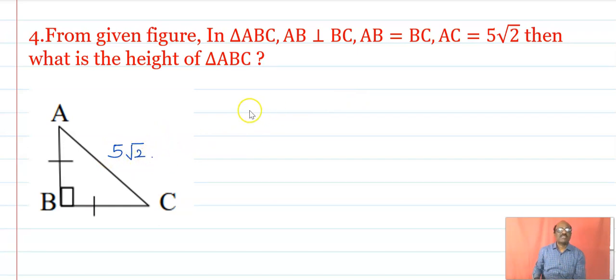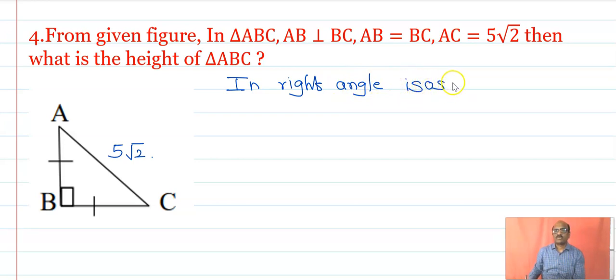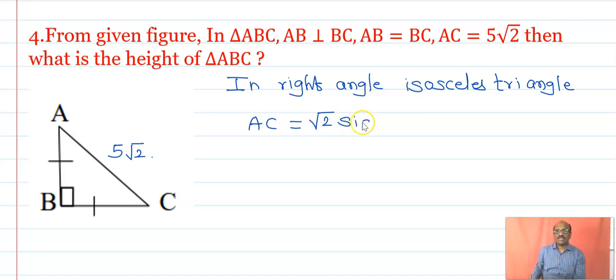As I told you just now, in the right angle isosceles triangle, the hypotenuse AC is equal to root 2 into side.